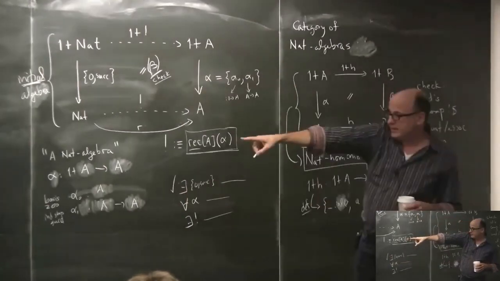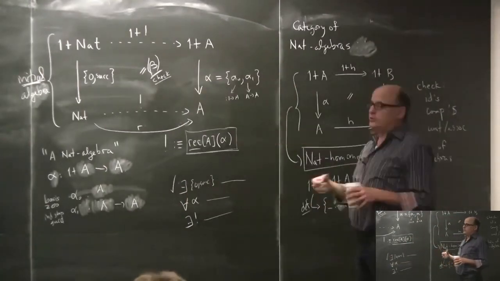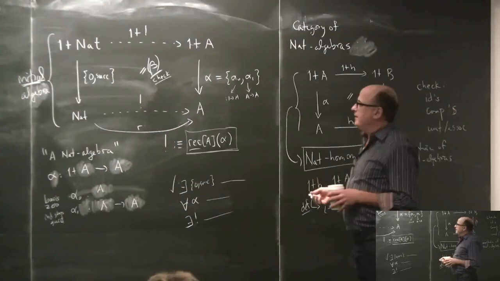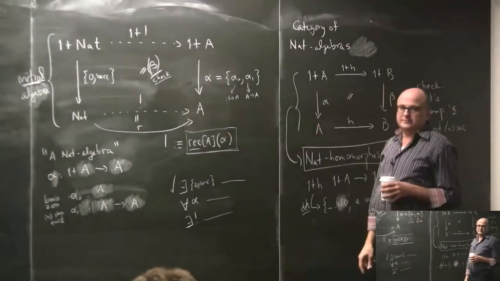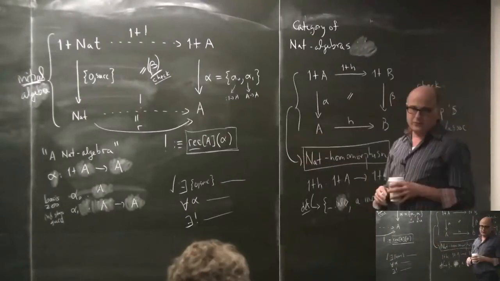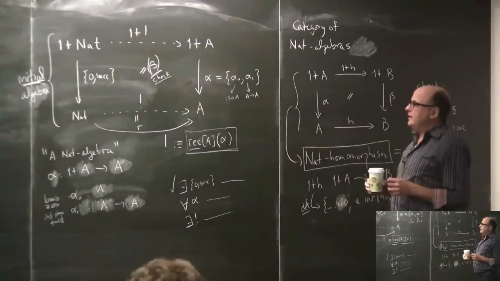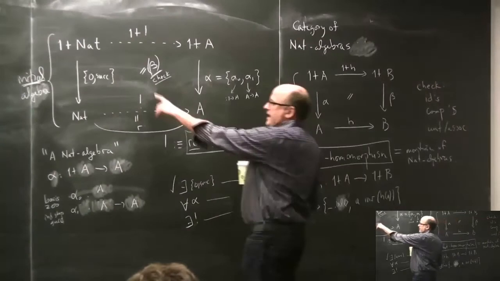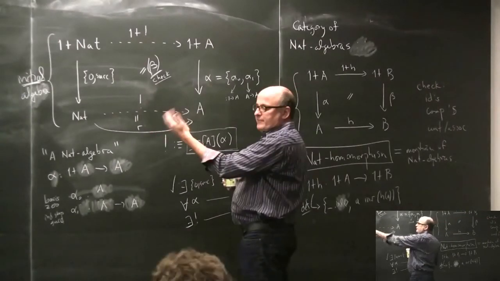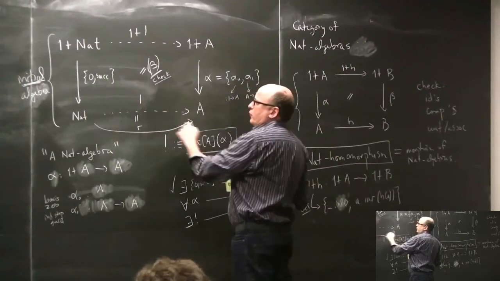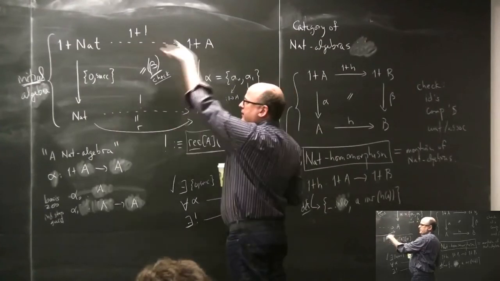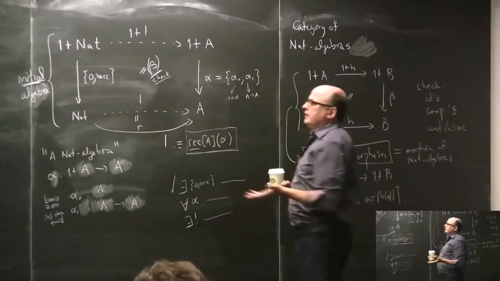That's what I wrote on the bottom left board there, using substitution instead of composition. Then R is equal to bang, which is what I wrote on the bottom of that line over there. So the fact that I wrote bang for that thing emphasizes that it's unique as a function of alpha, which means if you gave me any other one that makes the diagram commute, then it's equal to that.